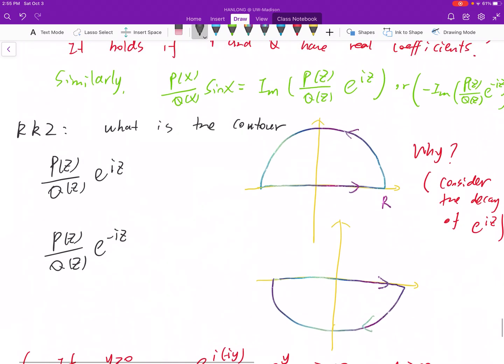Okay, so the only possible way is for exponential i z, consider the contour on the upper half plane, and for exponential negative i z, consider the contour in the lower half plane.